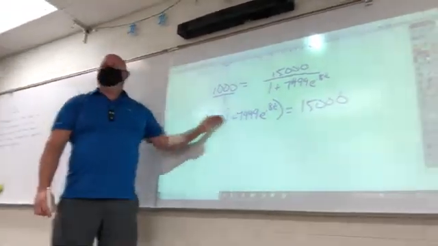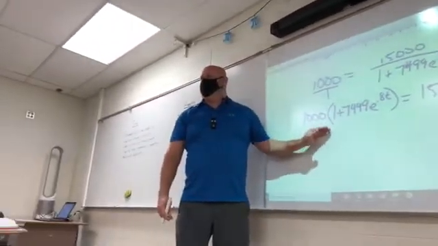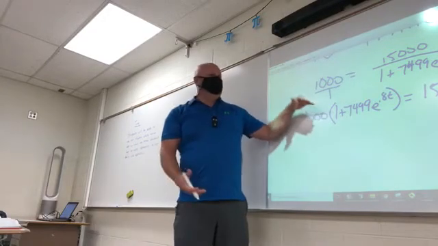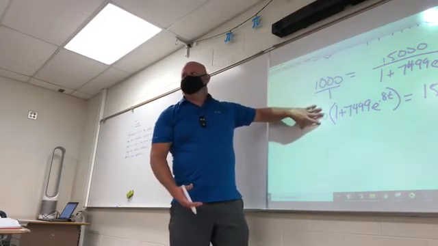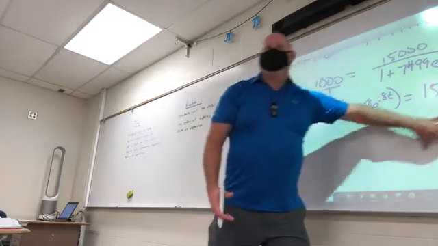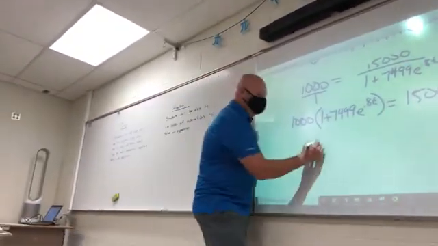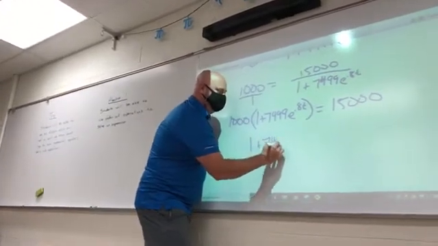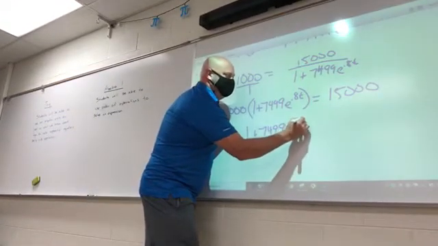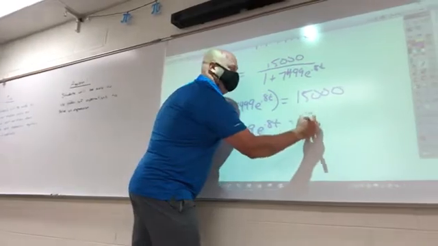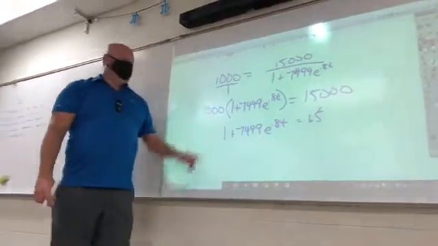Now, could I distribute here? I could if I want to. What's another way to get rid of a times 1,000? Just divide it over there. Great. 15,000 divided by 1,000 would be 15, right? What's the next step?